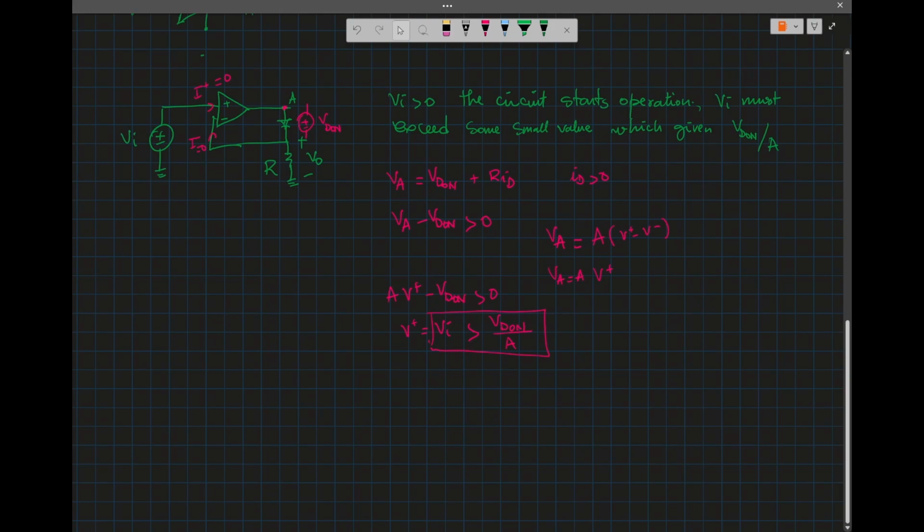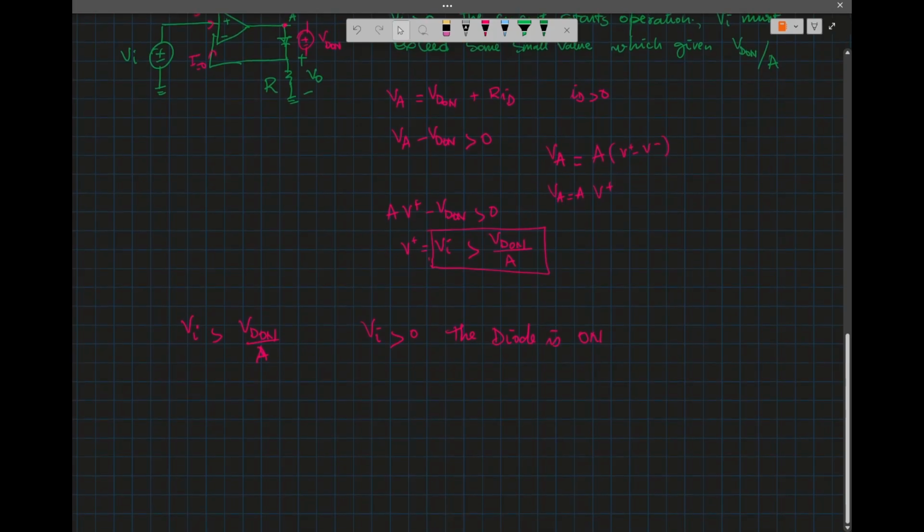Now, when the circuit starts operating, we have VI bigger than VD on over A, but A is so big that we can assume that when VI is bigger than 0, then the diode is on.